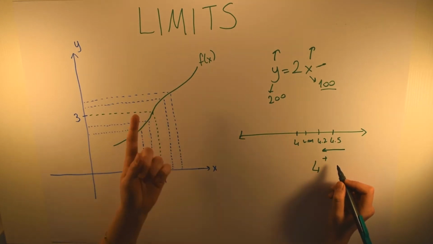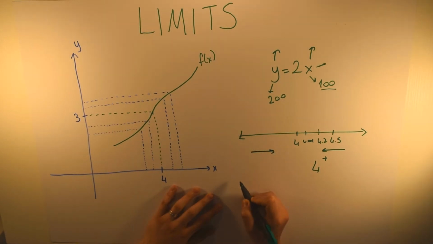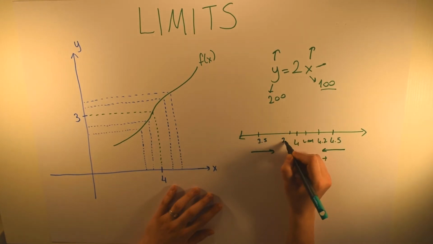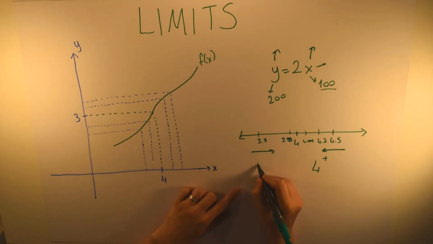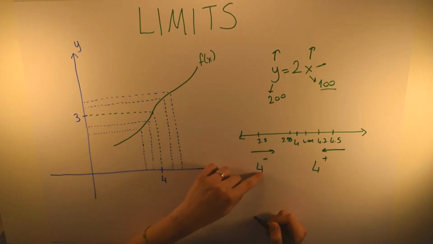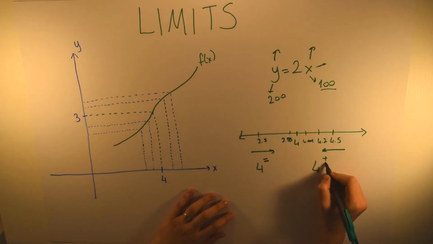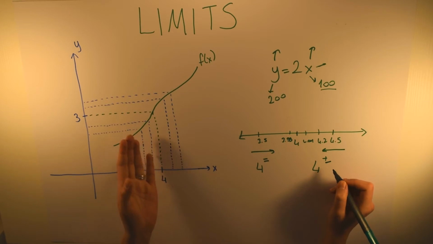Same logic when we get closer to 4 from the left side, let's say from 3.5, 3.99. We show this as 4 with a minus sign as an exponent. These values are very, very close to 4. These negative and positive signs show whether we are approaching from the left or right.